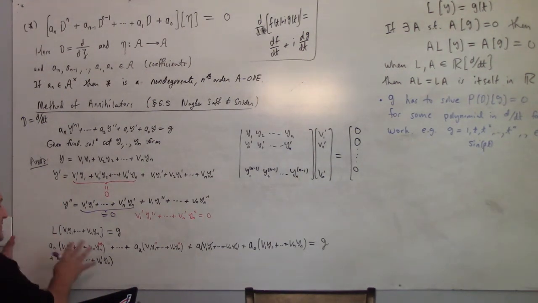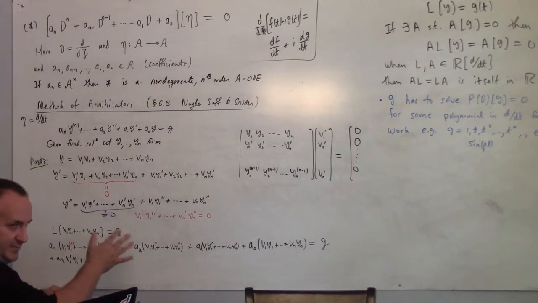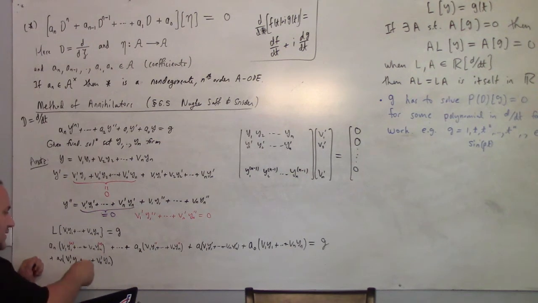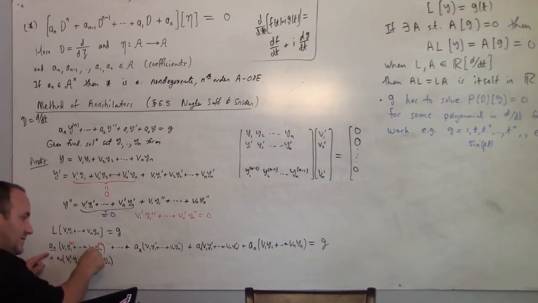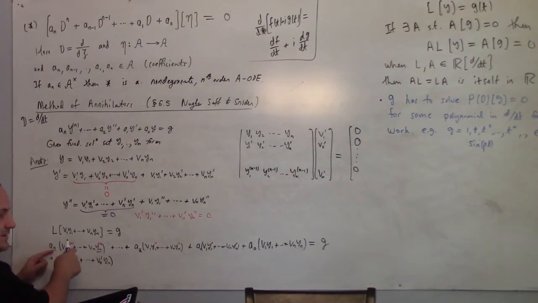I need to write out more and I'm just too lazy at the moment, but I see what's happening. You're just getting zeros. See this? These terms. So you could factor out the v1. You've got y1, so isn't there supposed to be a prime there though?